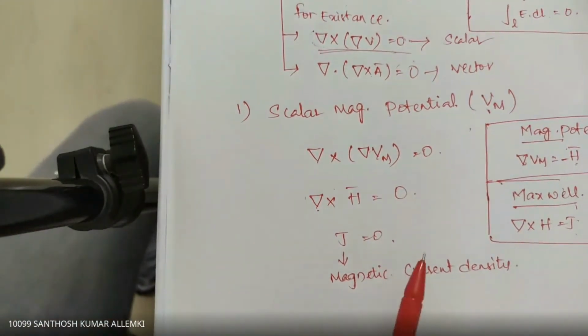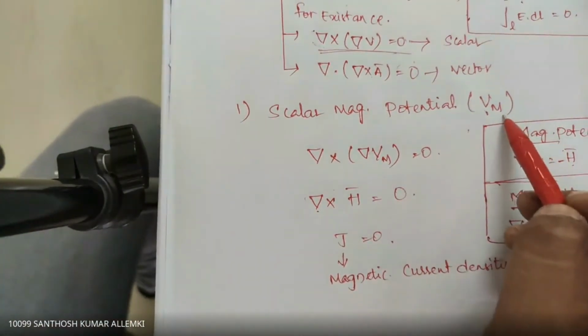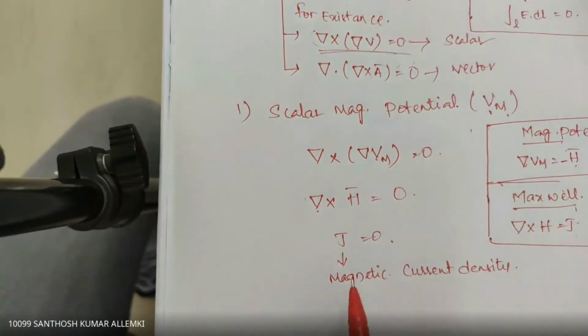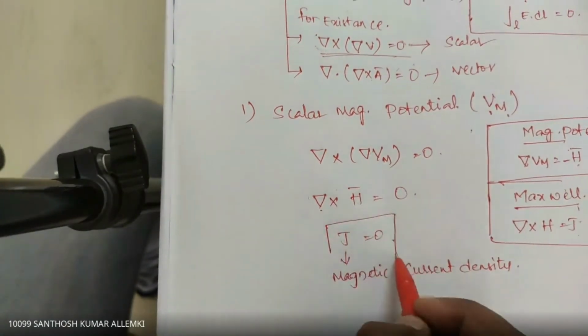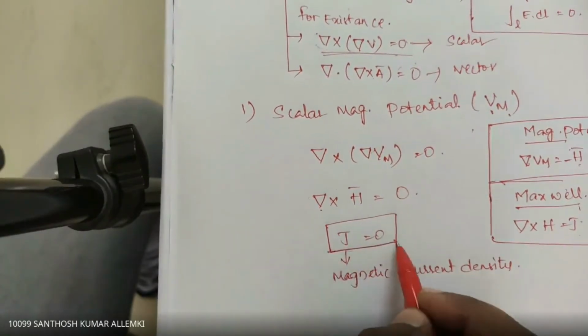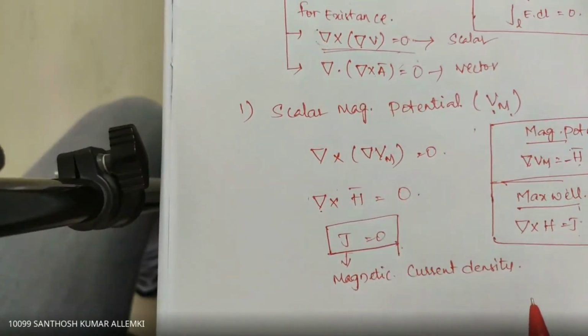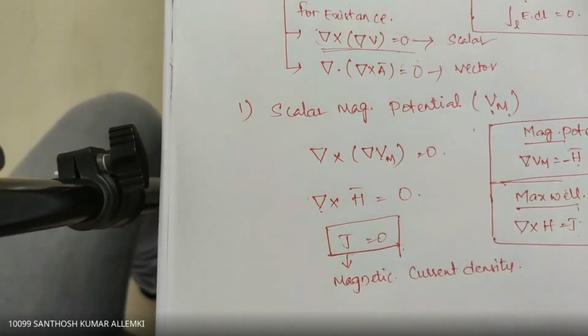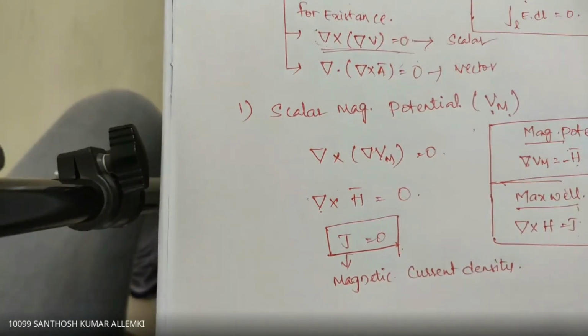So for the existence of scalar magnetic potential, you always need the current density value to be equal to 0. In your exams you will have questions like this one. They will directly give some expression, that is, del cross H is equal to some values, or del cross H is equal to some expressions.